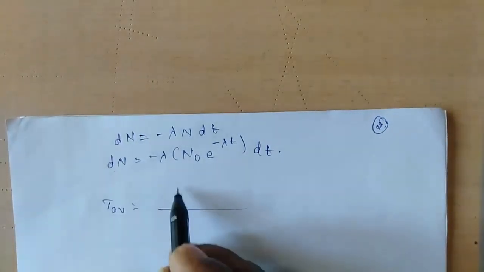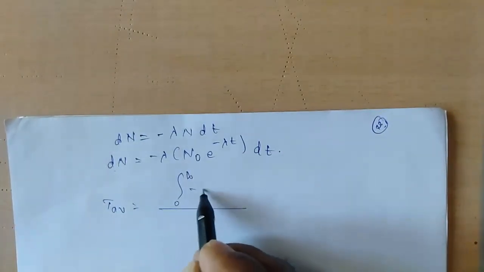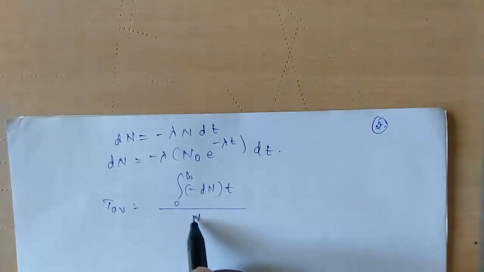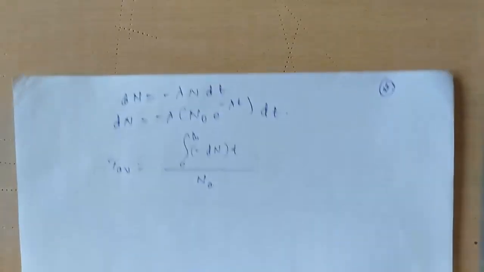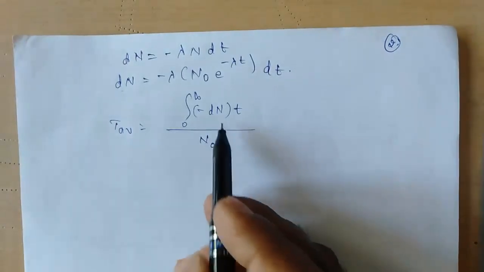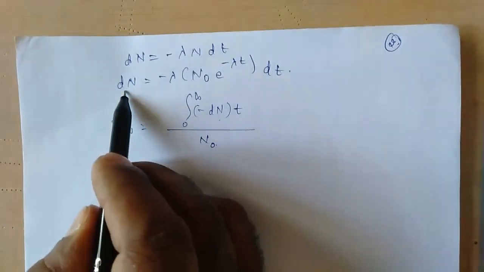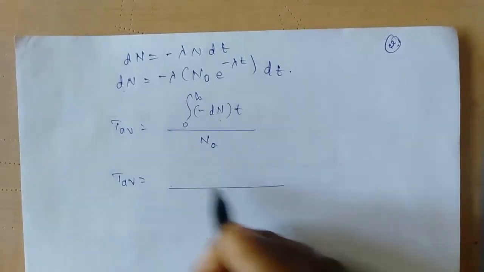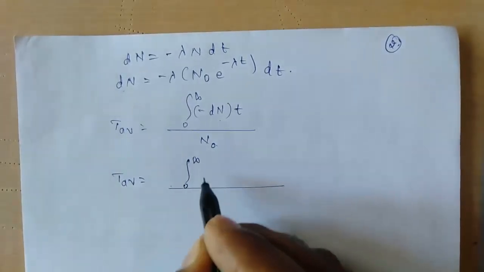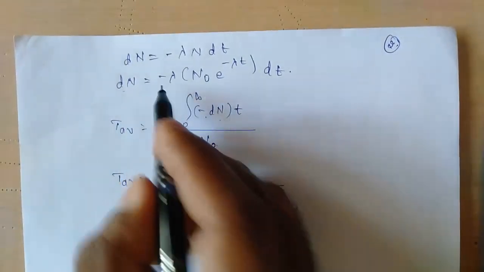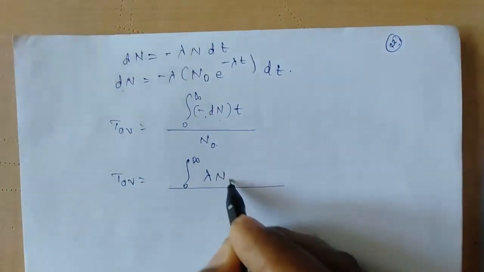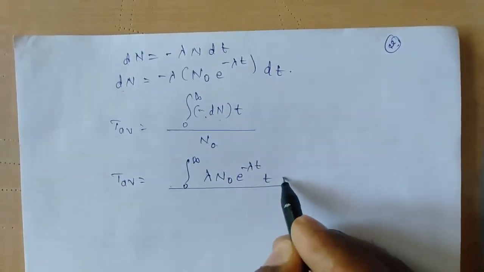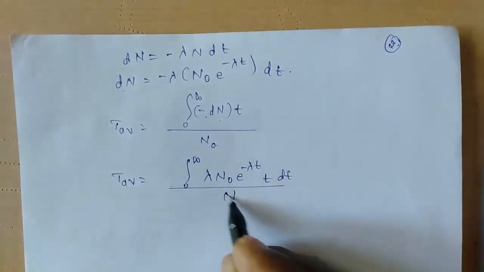Now substitute the value of dN in the equation. T average is equal to the integration from 0 to infinity of minus dN into t divided by N naught. This was the expression for T average. Substituting dN from this equation, T average is equal to the integration from 0 to infinity of, and this minus becomes plus, lambda into N naught e to the power of minus lambda t into t into dt, divided by N naught.